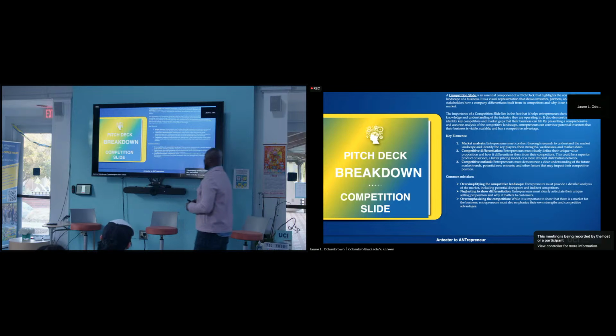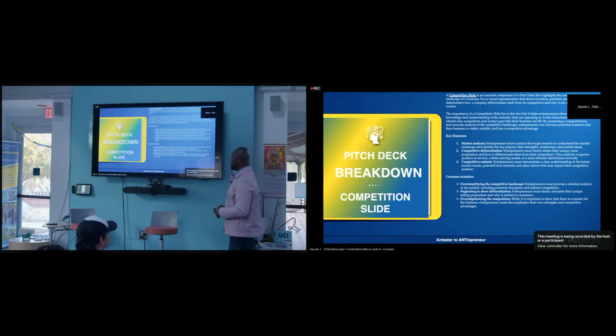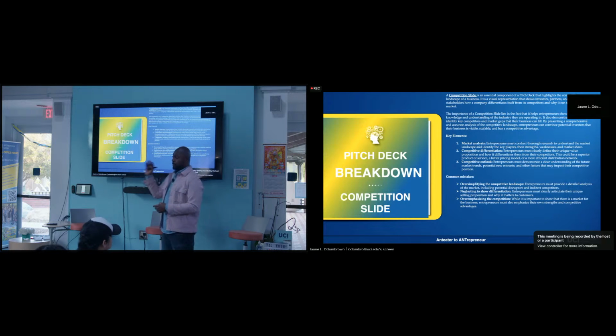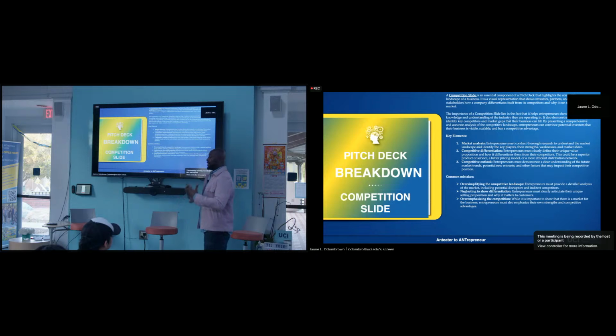So thinking about how to split it up is very, very important. That's also about your market analysis, being able to identify at least 3 to 5 of each of those, right? Think about who's your potential direct, who's your indirect. Try to identify why they are not able to service your market the way that you're going to service your market.